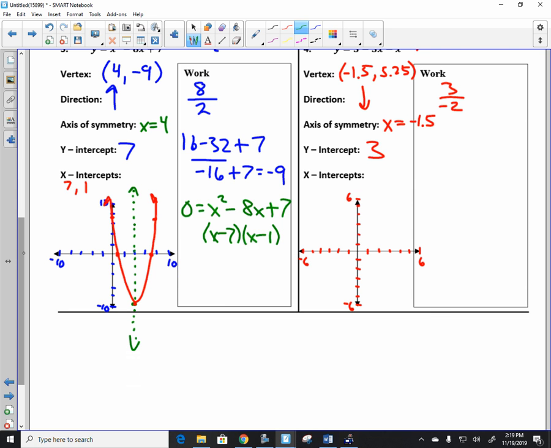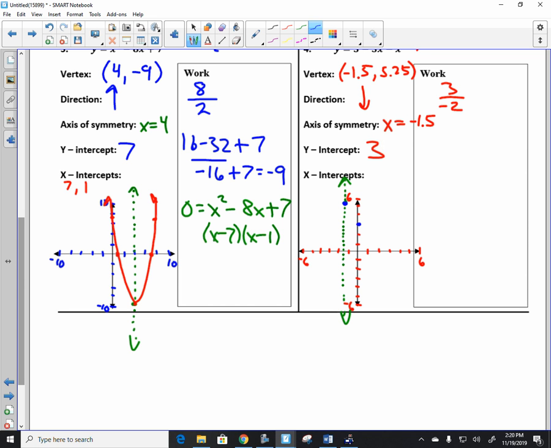Negative 1.5, 5.25. There's the axis of symmetry. I know that the y-intercept is positive 3.